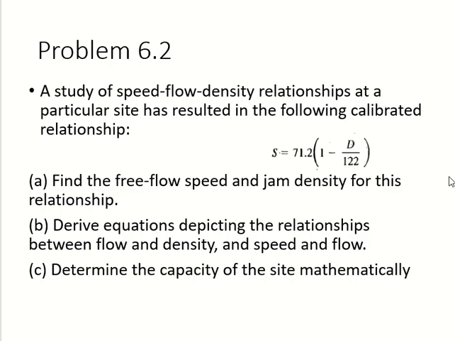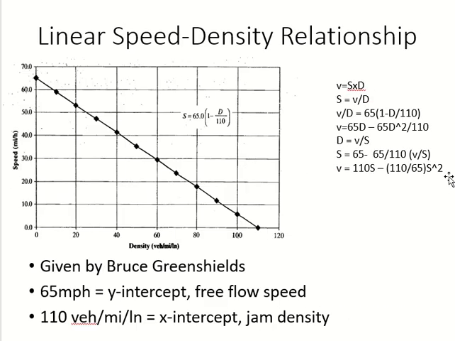Now what are these numbers depending upon? Here it was 65 and 110, right? What was 65? Maximum speed, right? We call it free flow speed. And what was 110? Maximum density. We call it jam density.